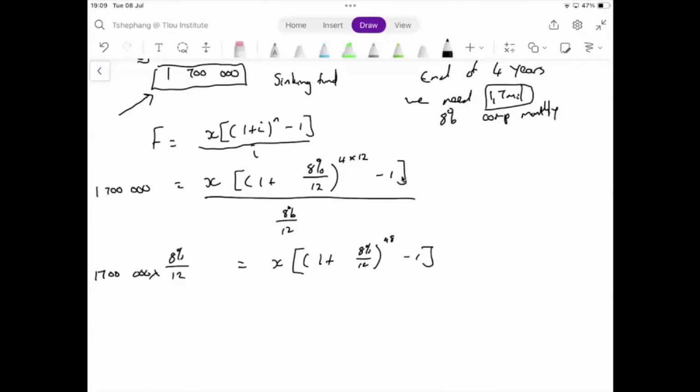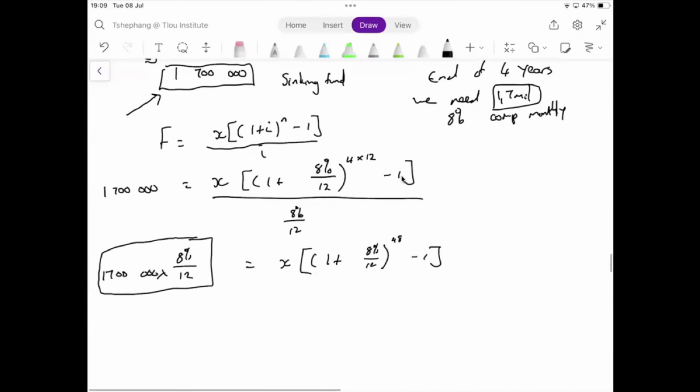Make sure it's 1, 7 and 5 zeros. I just want this answer on the left for now so we can do it step by step. Then we just need to divide both sides. So I got 1,1,333,3,3. I'm pretty sure that is the final answer.